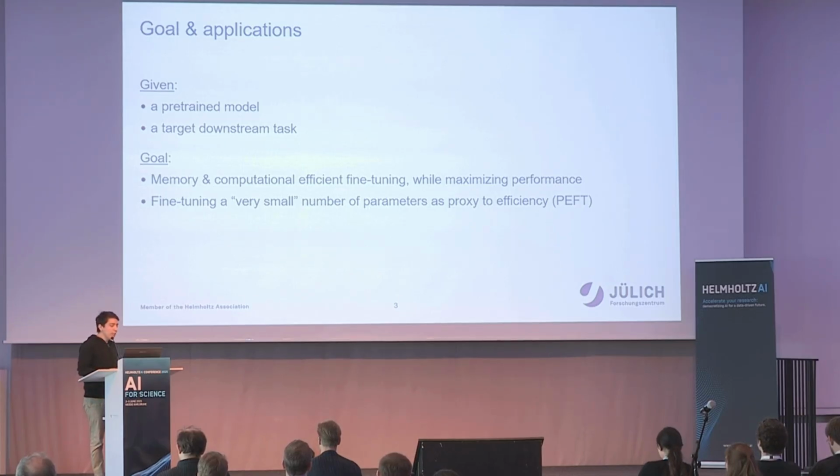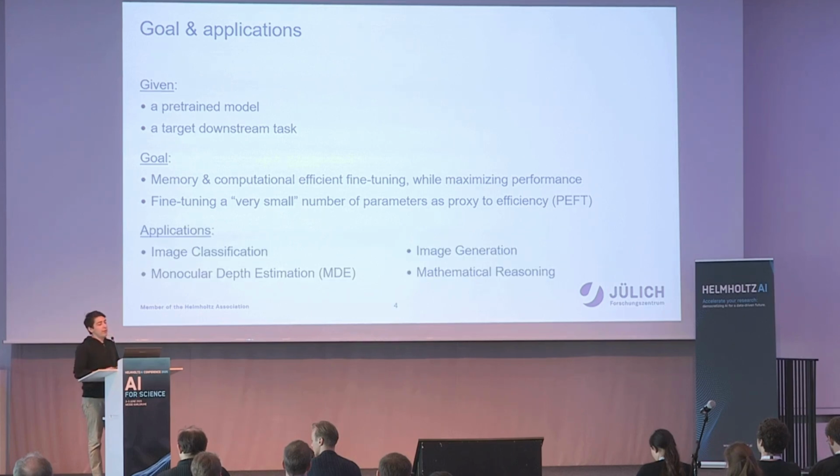We do so by means of parameter efficient fine-tuning, or PEFT in short, which targets fine-tuning a very small number of parameters as a proxy for efficiency. These methods can be applied to many tasks, and we do so: image classification, monocular depth estimation, image generation with diffusion models, and mathematical reasoning with LLMs.